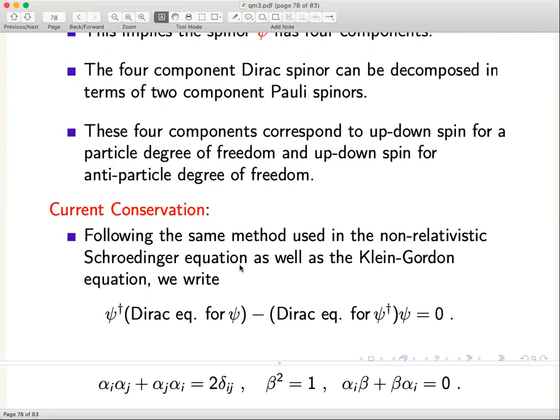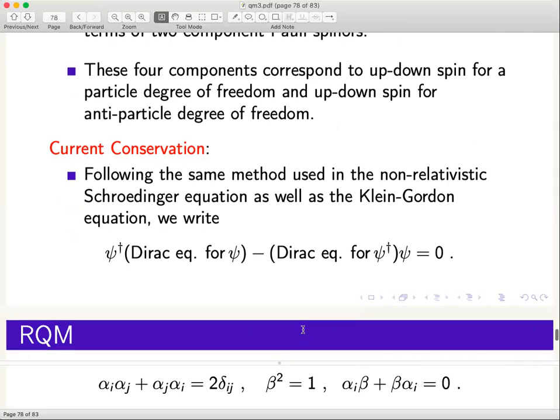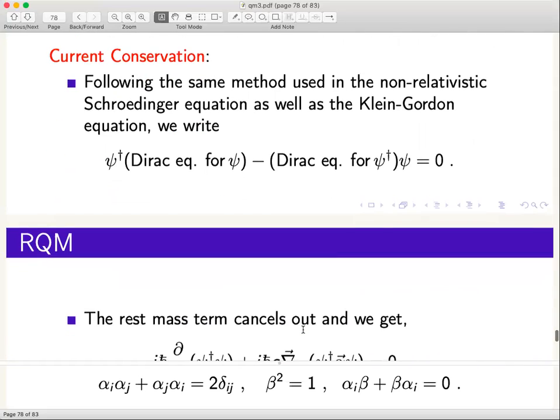Namely, you look at the equation and multiply by a conjugate variable, and then subtract from it the equation for the conjugate variable multiplied by the original variable psi. So in our case, it will be psi dagger multiplying the Dirac equation for psi minus the Dirac equation for psi dagger multiplying psi. Okay, and this should be equal to 0. That is how we are going to read out the current conservation condition.